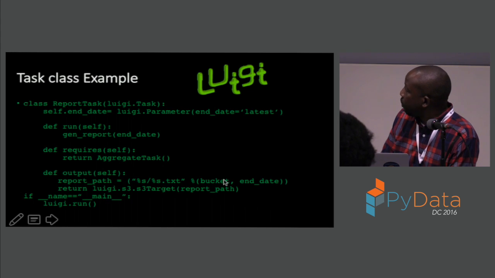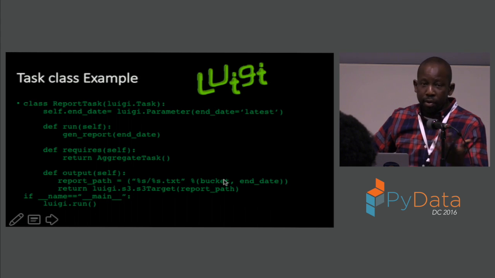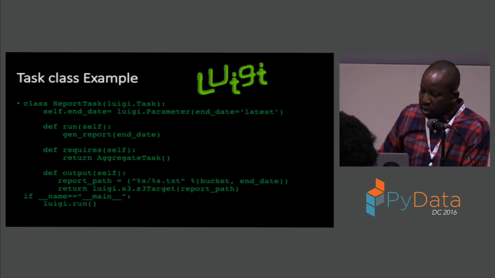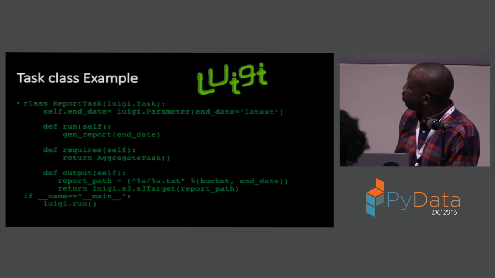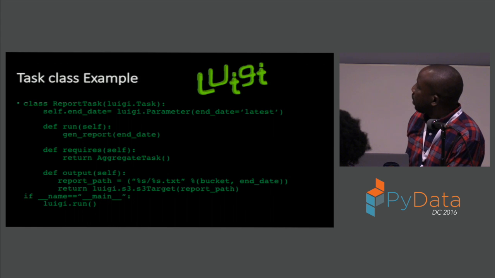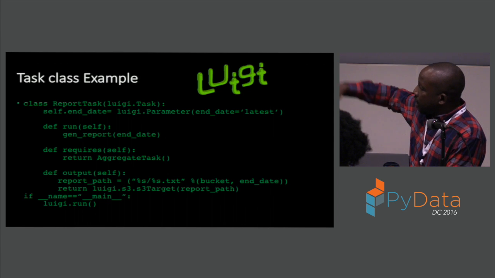So here's an example of the final stage in our pipeline, where we're generating a report. We can specify parameters to the task with the Luigi.parameter call there.